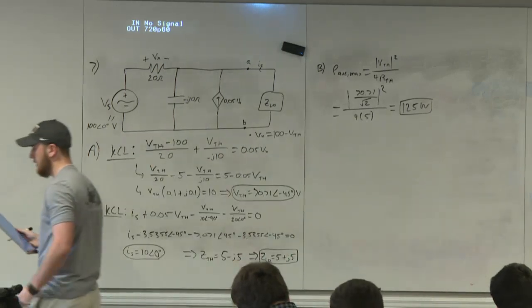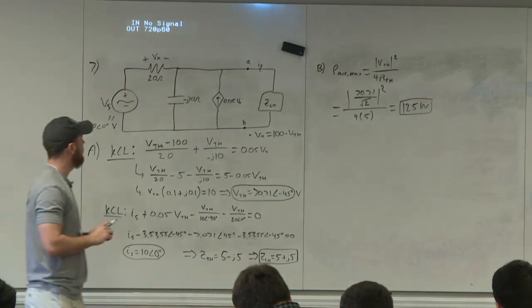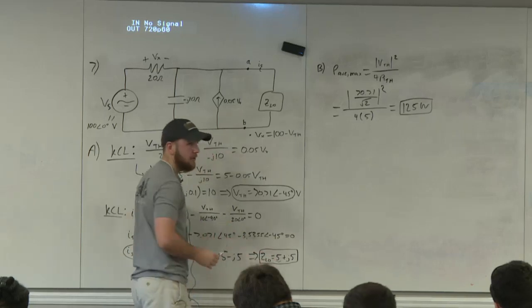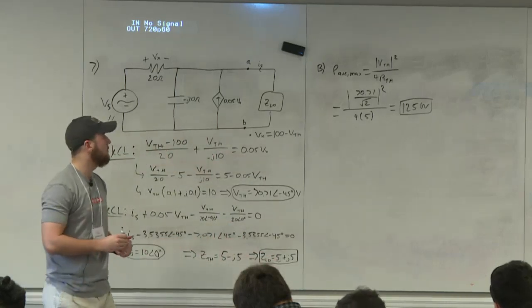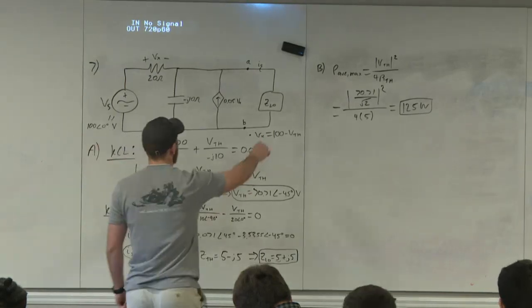Okay. Anybody have any questions on any of that? Where's the 5 from? We're just taking the real part of the load. Whenever it asks for average power, you're just really taking the real part. Okay. Any more questions?